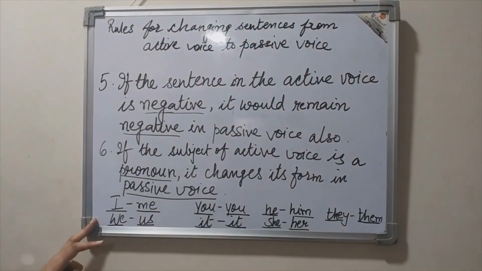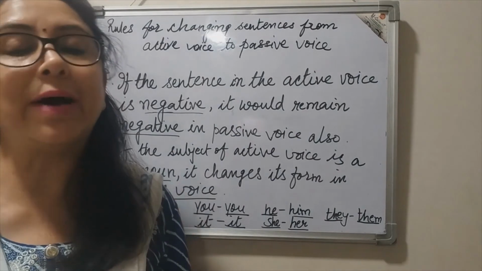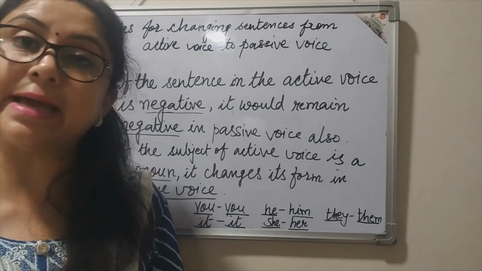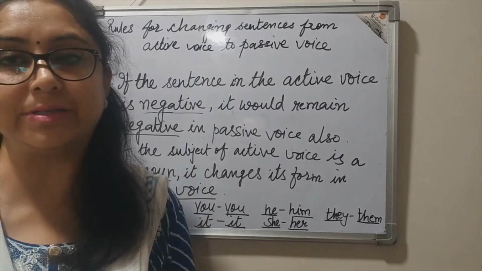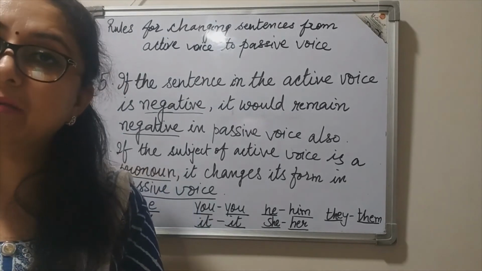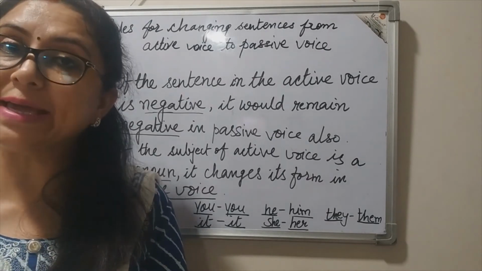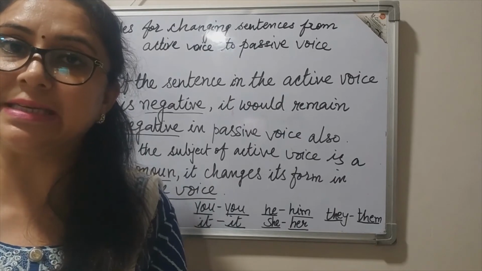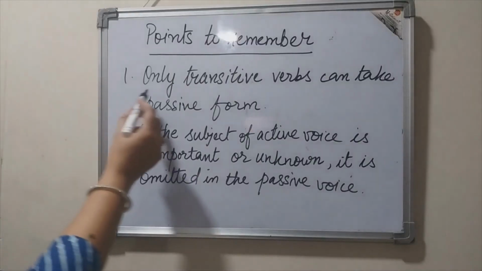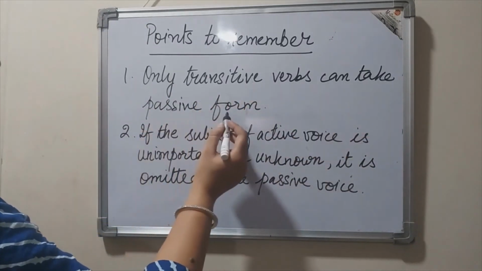So, these are the 6 rules which should be kept in mind while changing a sentence in active voice to passive voice. Further, there are another 2 very important points to be kept in mind. Number 1, only transitive verbs can take passive form.